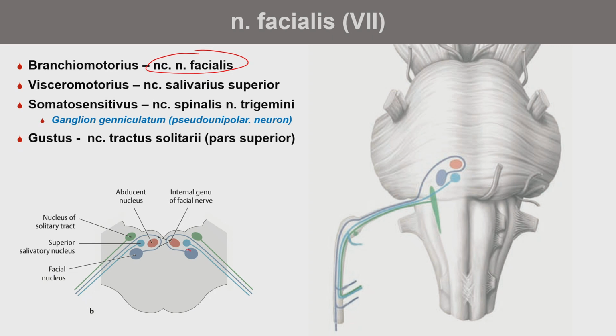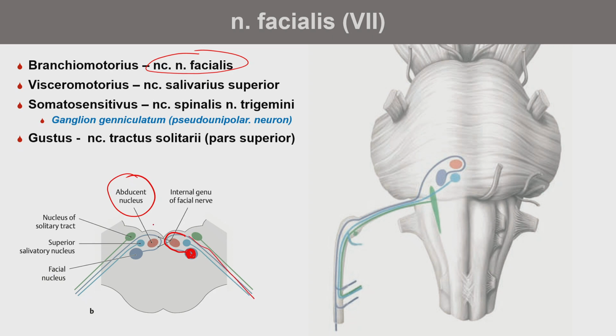This nucleus of the facial nerve is localized below the floor of the fourth ventricle, and those fibers make a sling around the abducent nucleus, which is on the same level, and then they go laterally.